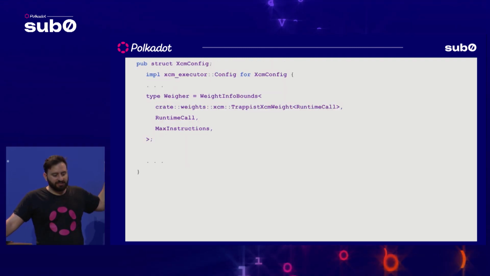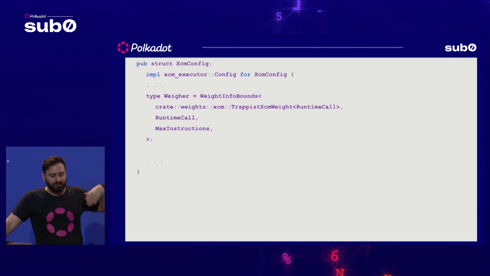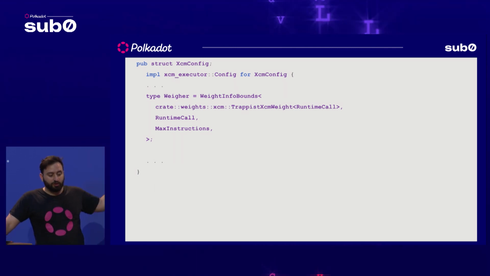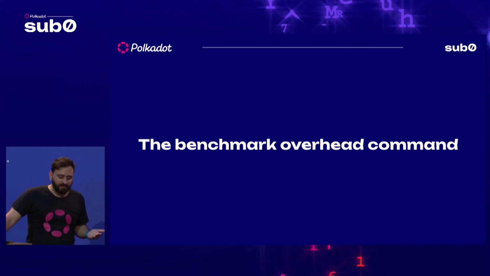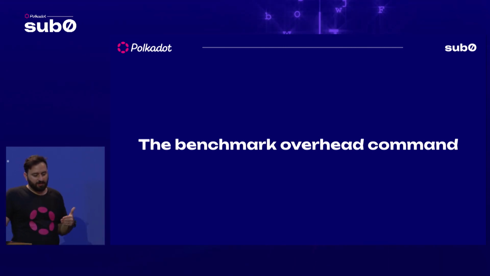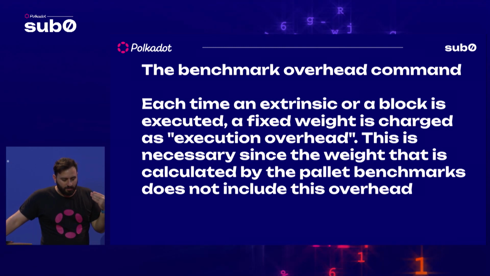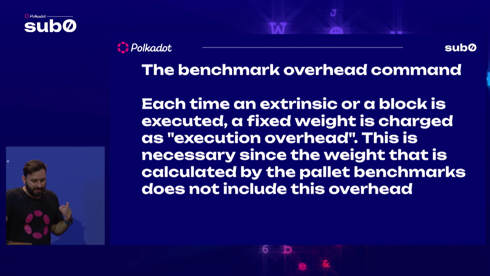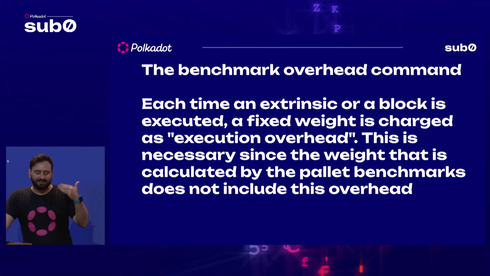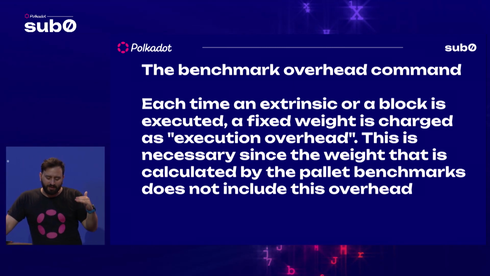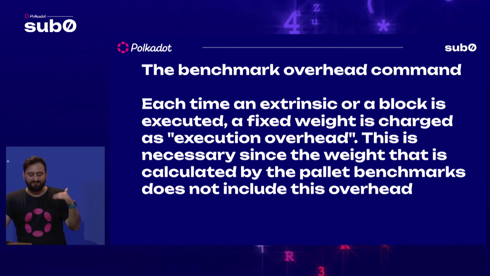All right, so once you have the weights, you put them in your Weigher type in the XCM config. And another important thing is the benchmark overhead command, right? The overhead command gives the weight which is the base weight, right?